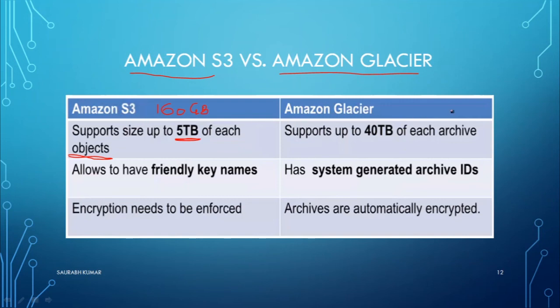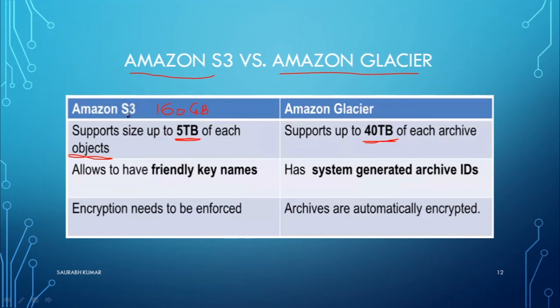When we compare it with Glacier, it supports a single archive file size up to 40 terabytes. That's a huge difference, because when we talk about data in Glacier, it is called an archive, and a single archive can be up to 40 terabytes which you are uploading or which you are having at Amazon Glacier.